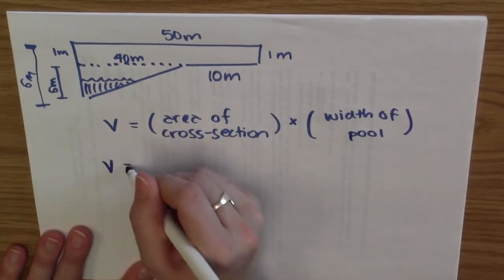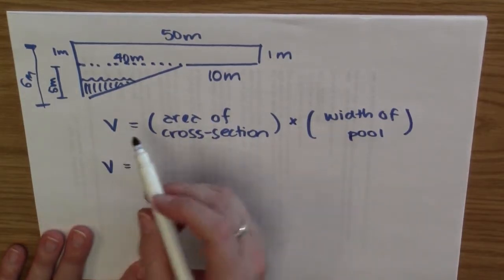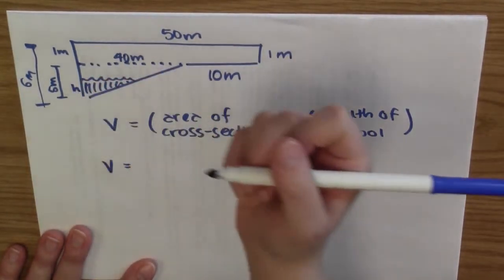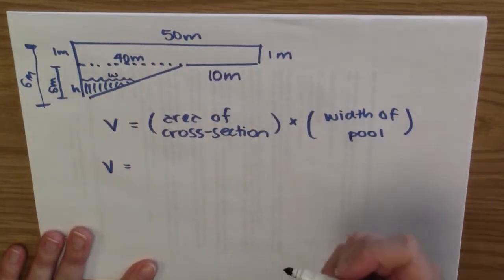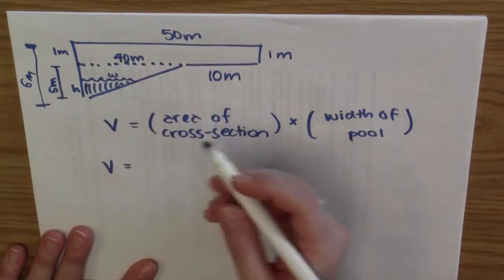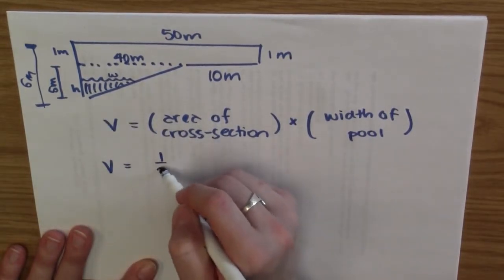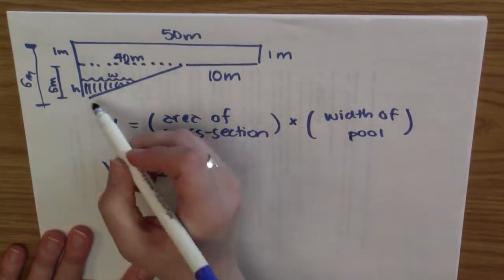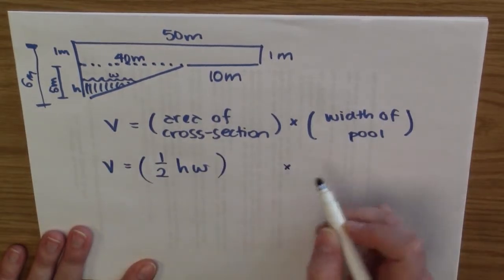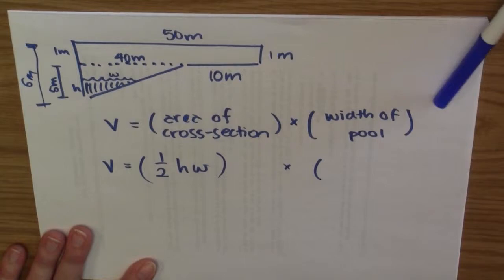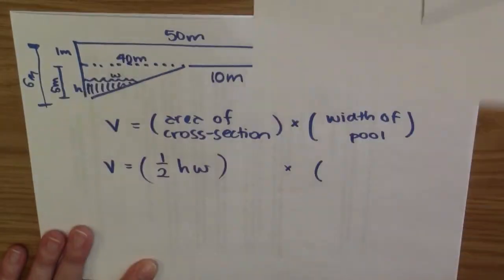So the volume is equal to the area of this cross-section. We'll call this little height h, and maybe we'll call this variable w for water. So the volume is area of the cross-section, which is 1/2 of h times w. It's this triangular section here. And then we'll multiply by the width of the pool, which the problem gives us as 30 meters.